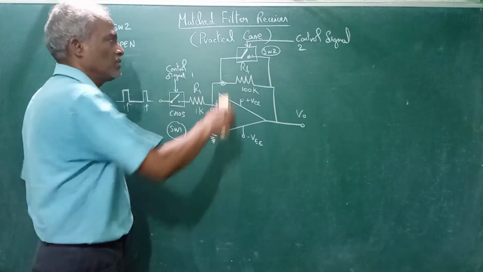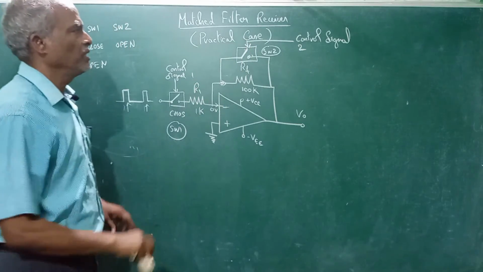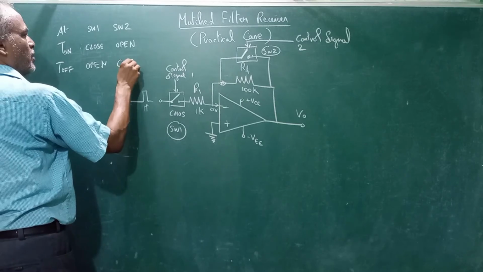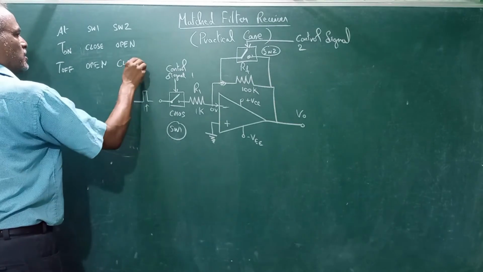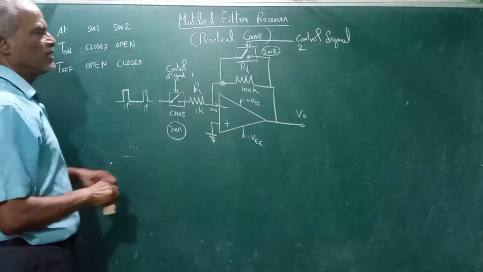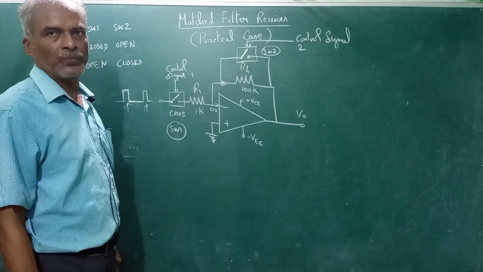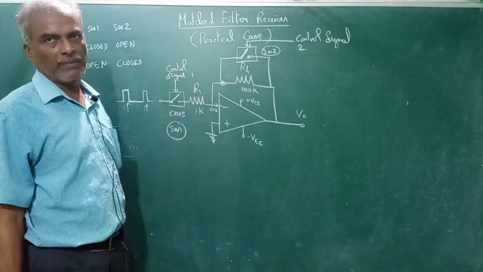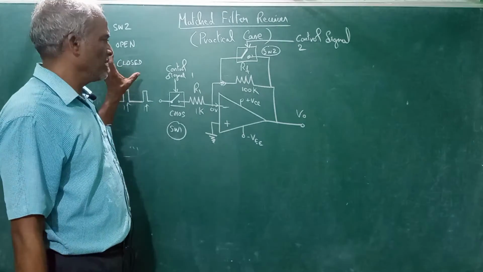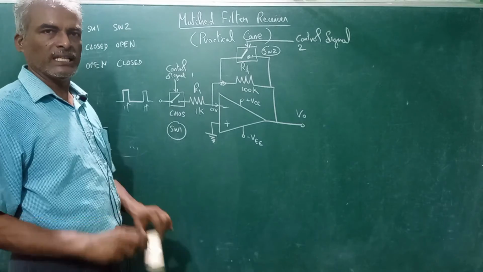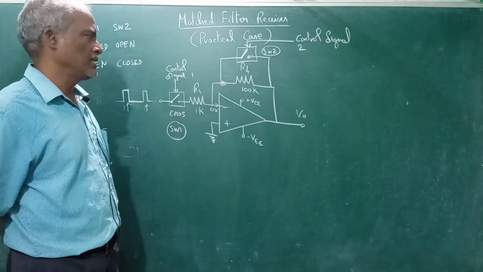So you close switch 2. If this is closed, then the gain is going to be 0 because it won't get magnified. By this, we can minimize the noise signal in digital processing systems.